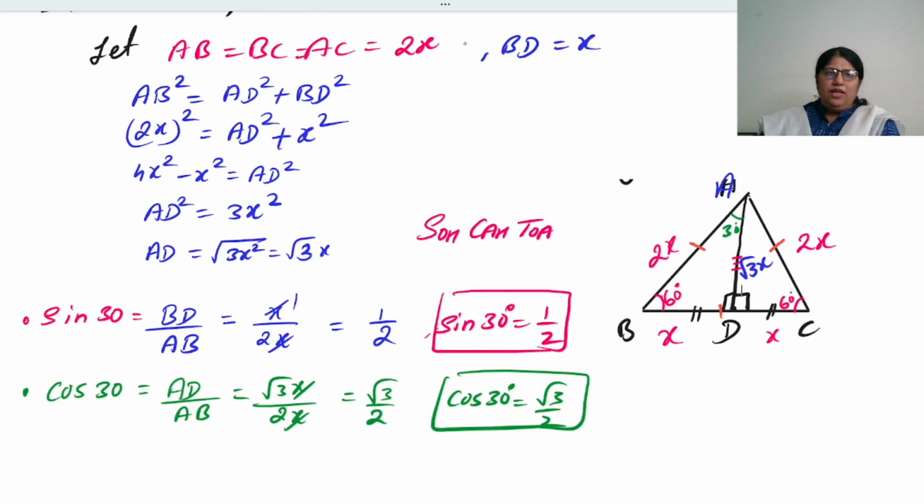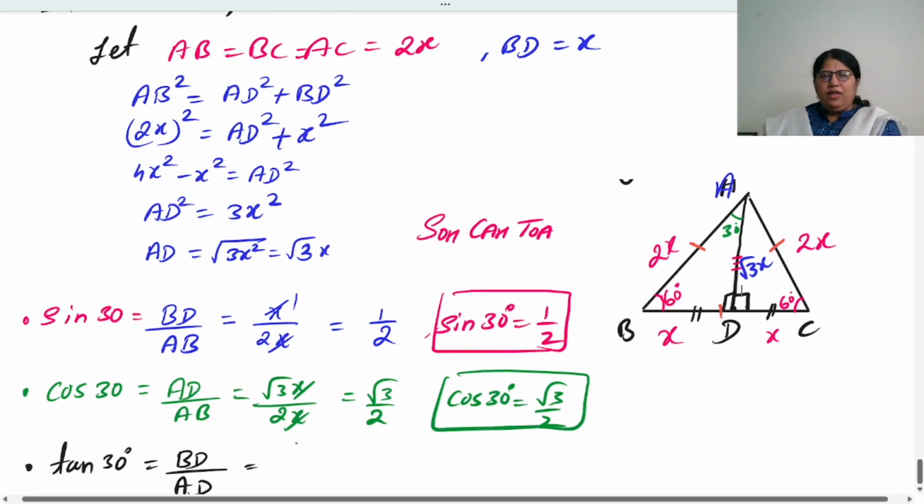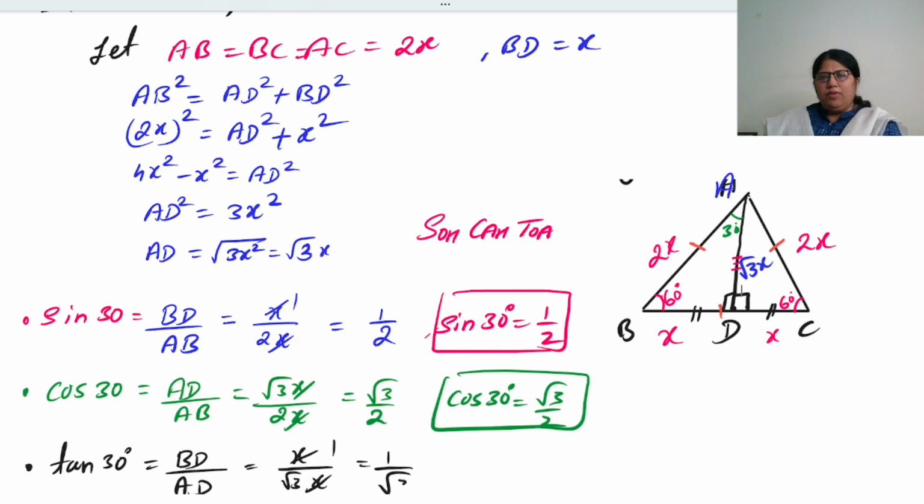Right. Now similarly for the third one, if I consider tan 30 degree. Tan 30 is opposite by adjacent, so the opposite side is BD, the adjacent side is AD, and the value is x by root 3x. X gets cancelled, the value is 1 by root 3.